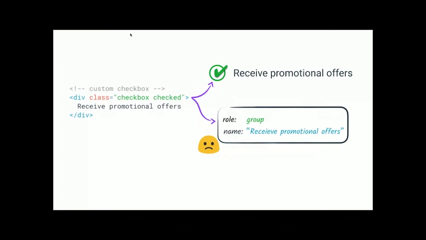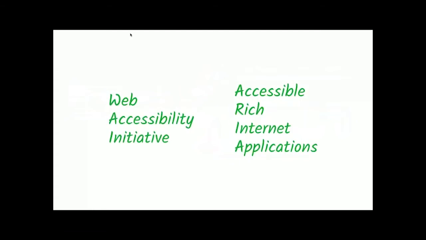Sighted users are going to be able to see these visual cues, and they're going to know, oh, hey, that's a checkbox, and I can click on it. But a screen reader user is not going to be given the same affordances because, as I said before, every web component is essentially just a span to a screen reader. And so to fix this, we have the Web Accessibility Initiative's Accessible Rich Internet Applications spec, or WAI-ARIA, or sometimes just referred to as ARIA.